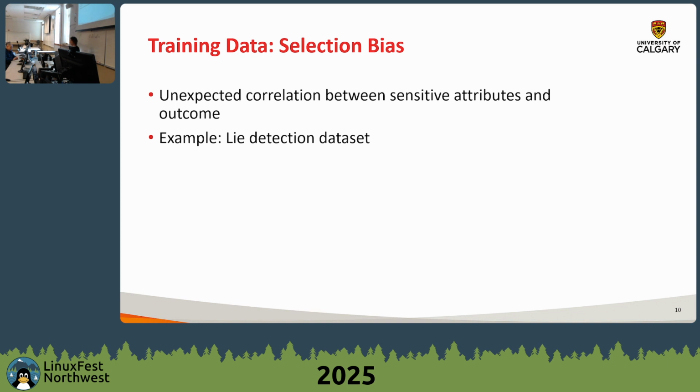Specifically, the data set had a much higher proportion of data for women labeled as lies. So the model essentially inferred not that these were the lies and these were the truths. What it inferred was that these women sounding voices are more likely to be liars, because the data was not balanced.